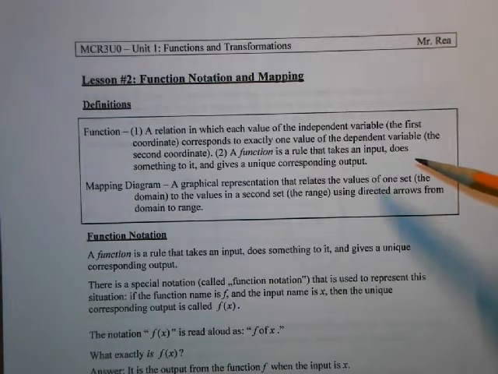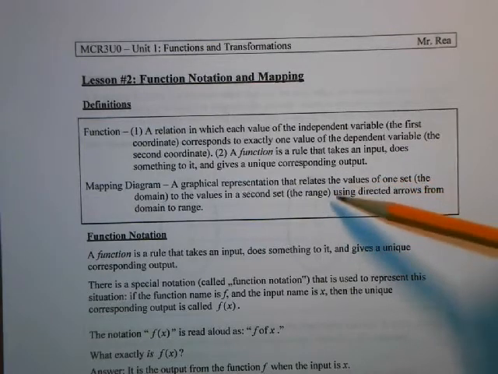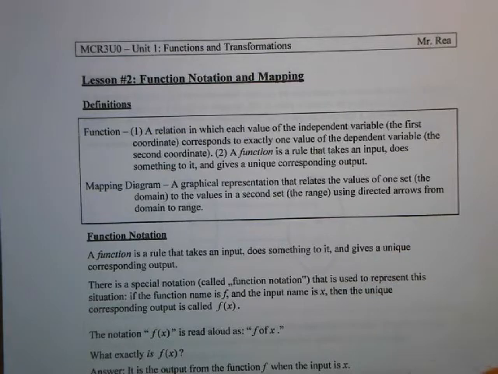Okay, so that sounds a little complicated. We're going to talk quite a bit about that today. And then the second part of what we're going to be looking at is something called a mapping diagram. It's a little bit like ordered pairs or a table of values, but it's a different way of showing it. So we'll talk about that after we talk about function notation.